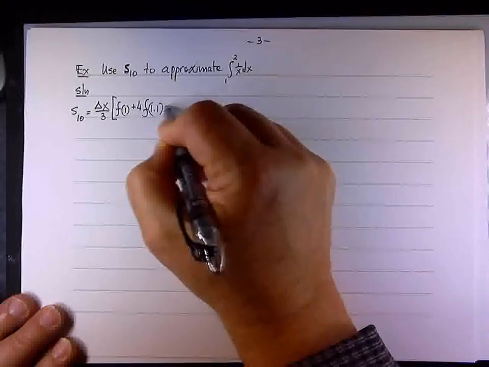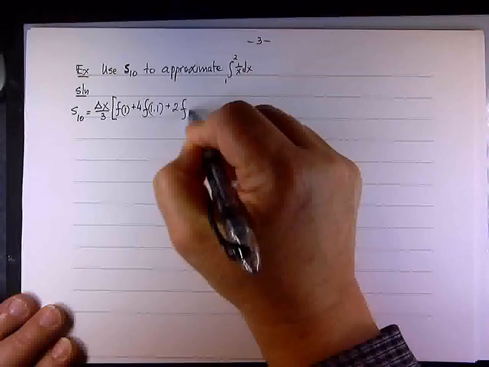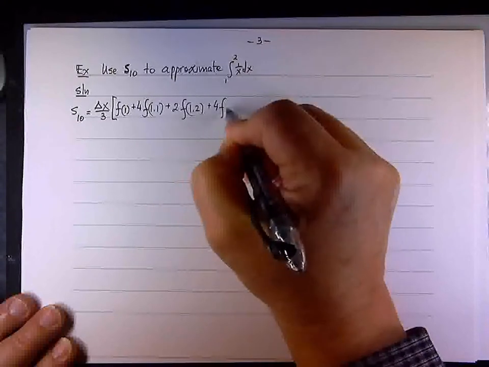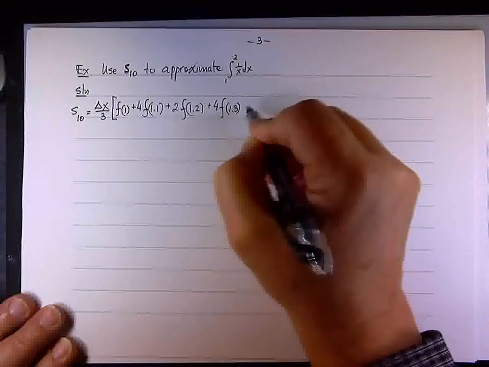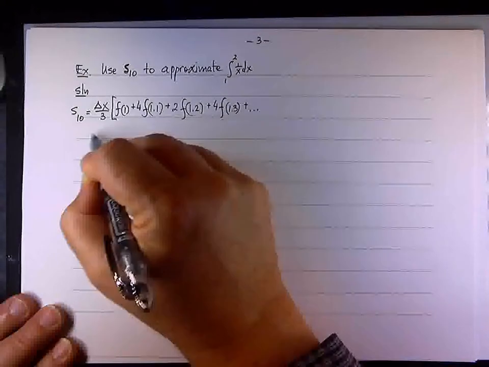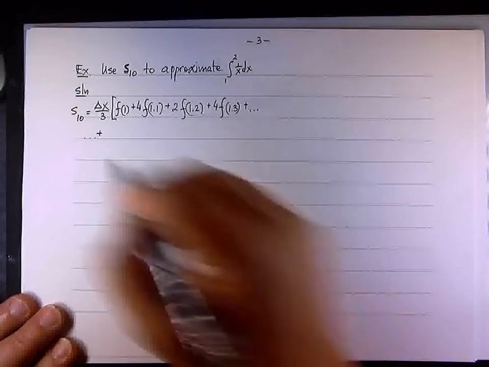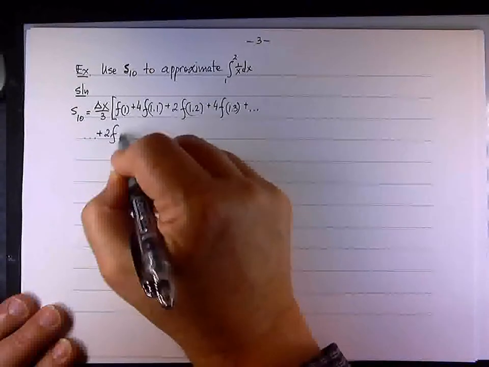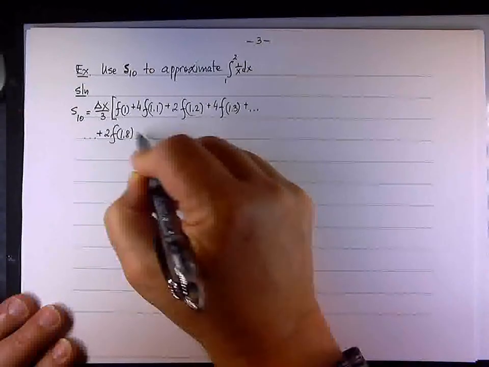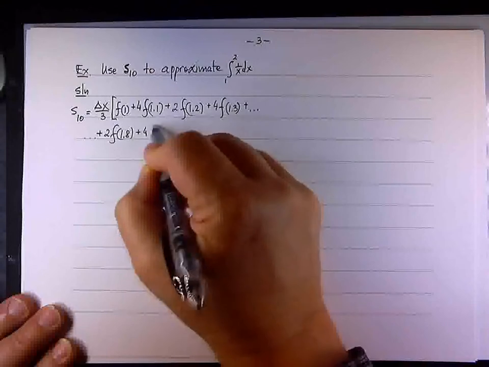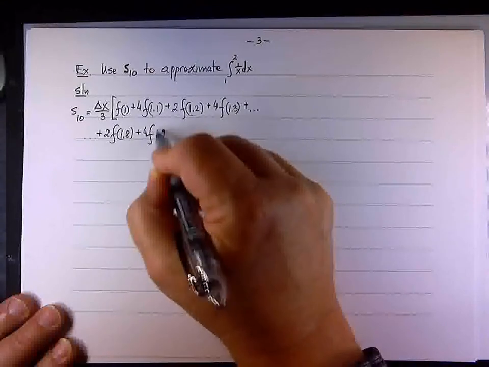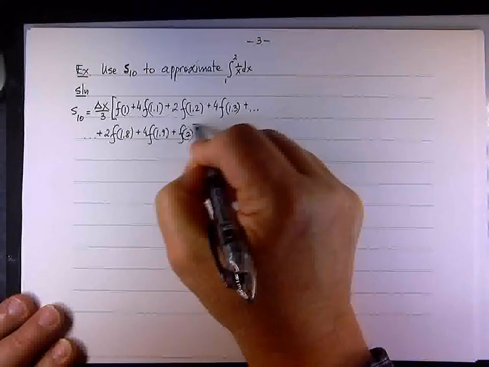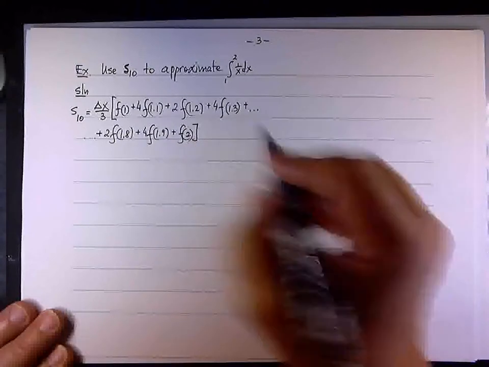Then 2 times f of 1.2, 4 times f of 1.3, and then dot, dot, dot. And then we'll go to the last few: 2 f of 1.8 plus 4, the one before last, f of 1.9, and then back to 1, which is f of 2.